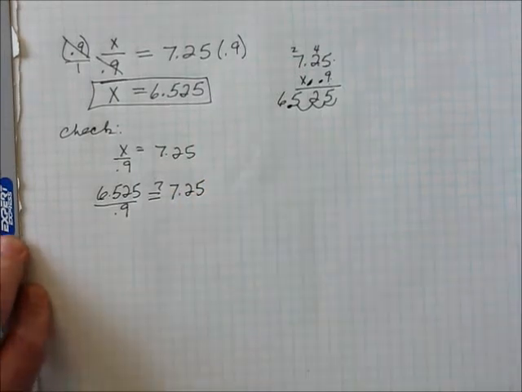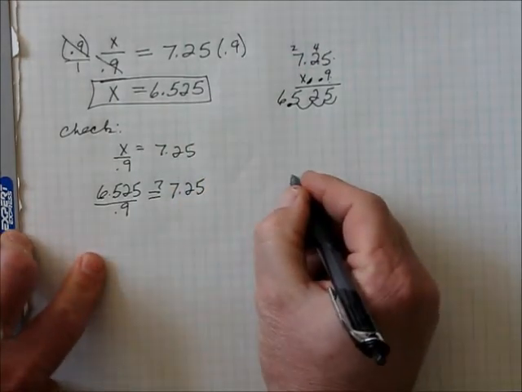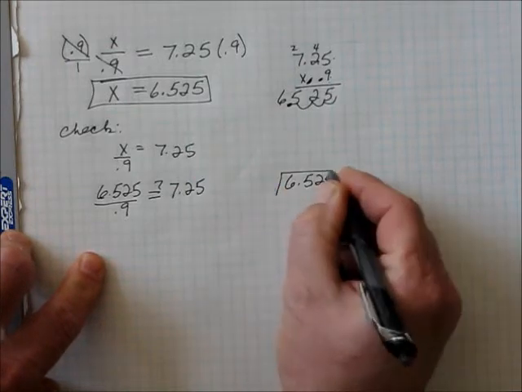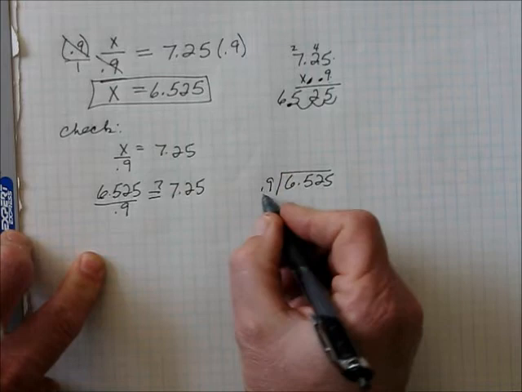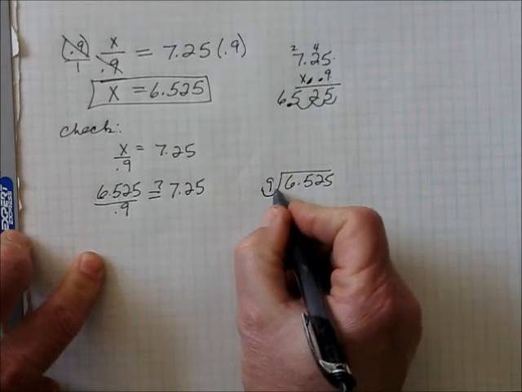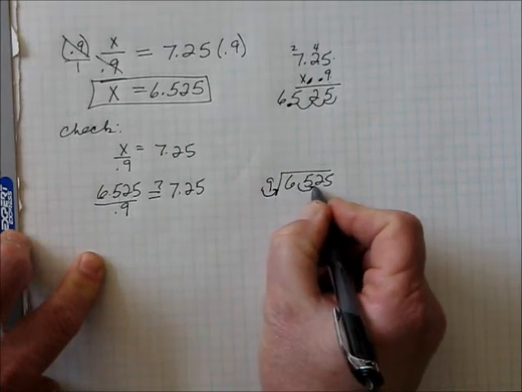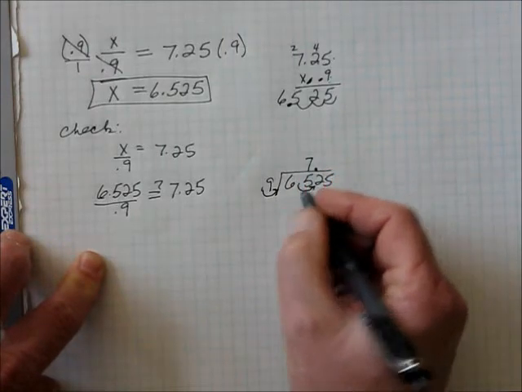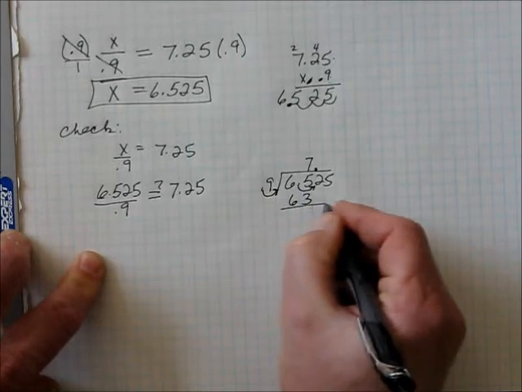Again, I'll do this off to the side. So 6.525 divided by 0.9. Don't divide by decimals, so I move this over 1, and this over 1, then go straight up. 9 goes into 65 7 times for 63.